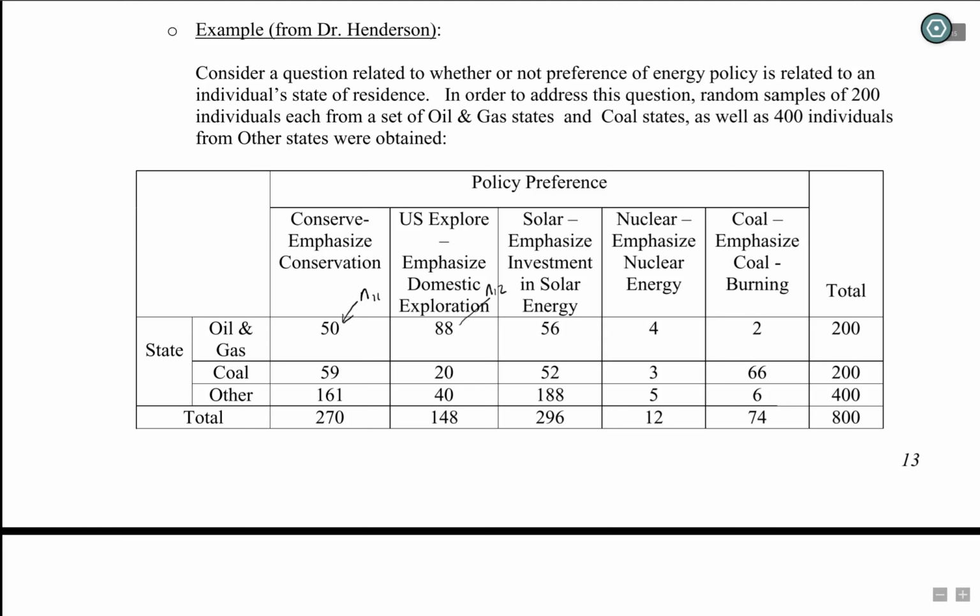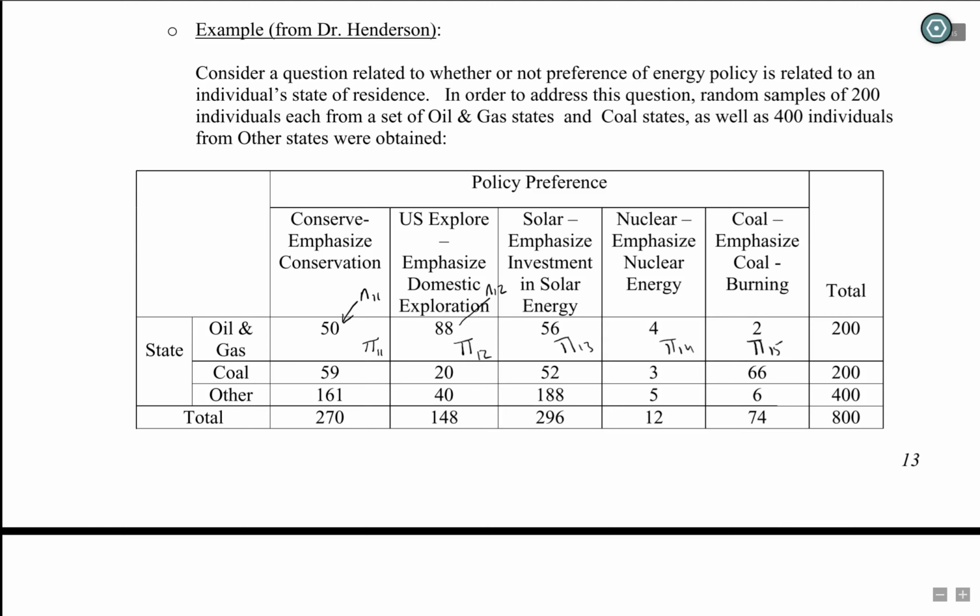In the background there is a population proportion pi 11 that is generating the counts associated with this cell, and a population proportion called pi 12 that is generating the count 88, and here we have pi 13, pi 14, pi 15.